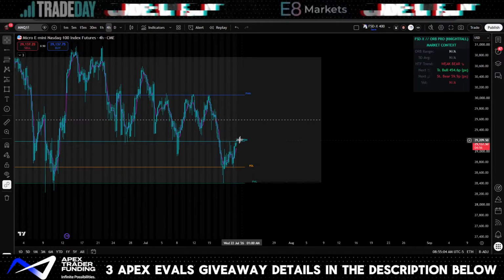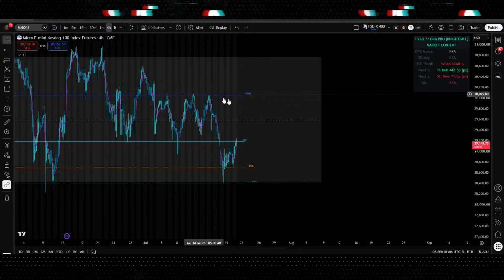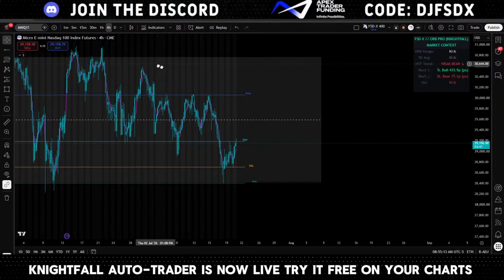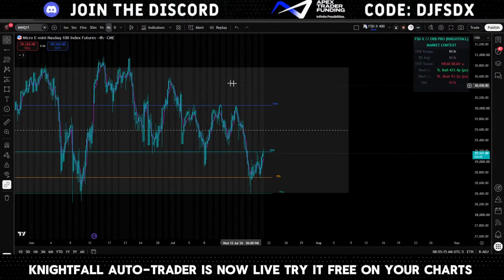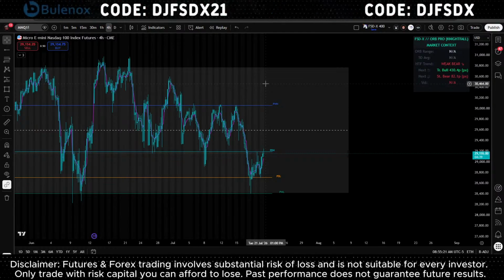We can get set up somewhere in here. We can ride this up and see if we can at least get to these highs. We know this will be the area of interest, and then see if we can start taking something and get out of this range. I hope it doesn't take until September to get out of it. I really hope not.